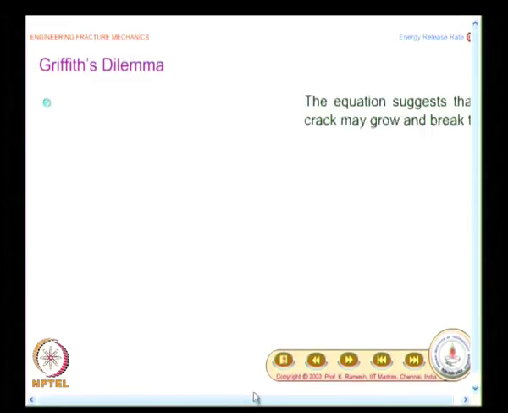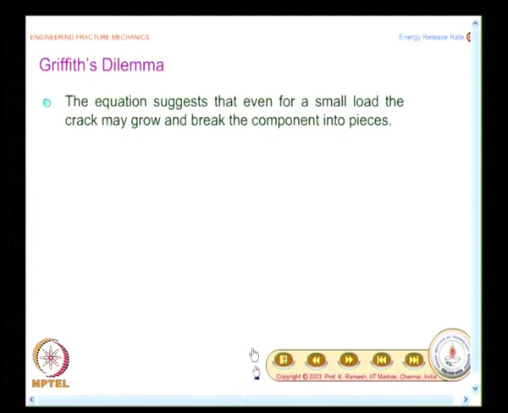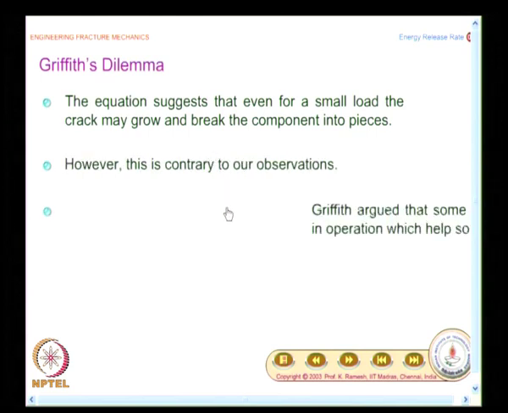An immediate consequence of Inglis solution is, even for a small load, the crack may grow and break the component into pieces. This is labeled as Griffith's dilemma. It is not only the dilemma of Griffith's. Anyone who looks at the solution of Inglis would only wonder how a solid remains a solid.